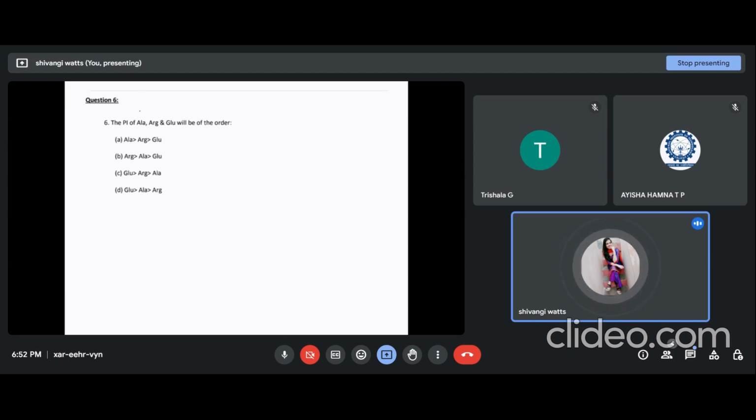If you see, alanine has nothing but a carbon atom in its side chain, whereas arginine has a basic side chain, and glutamate has an acidic side chain. So you have to tell me the PI of alanine, arginine, and glutamate will be of the order. Which one is the right option?